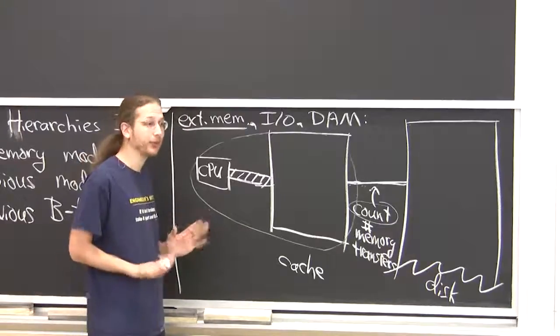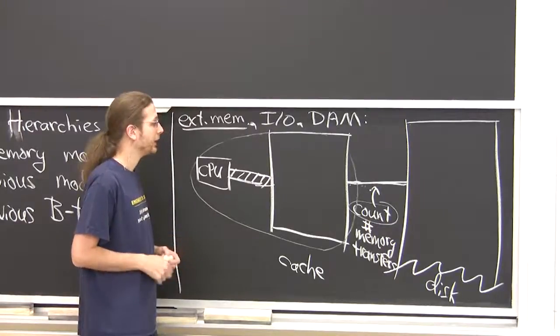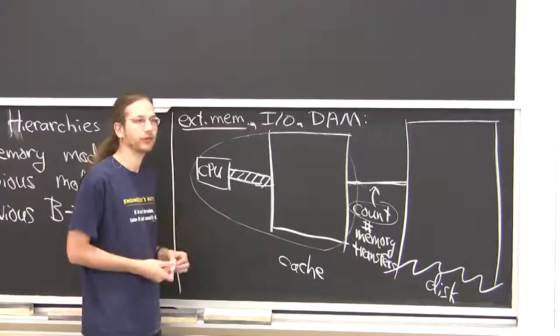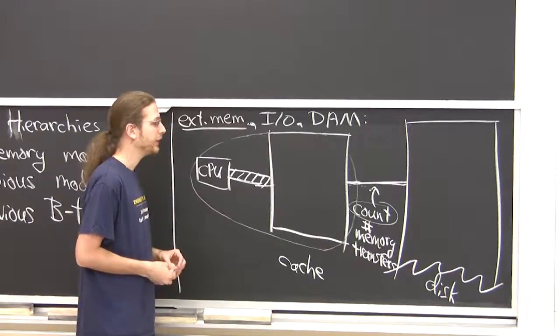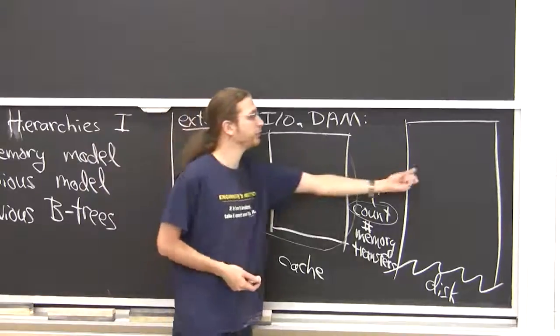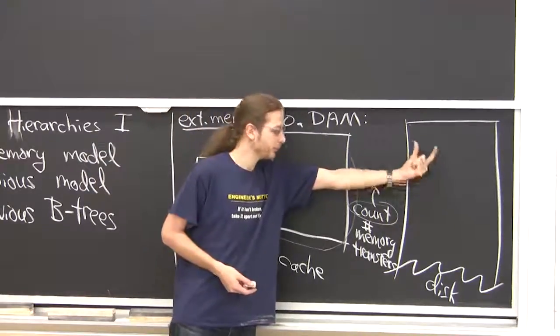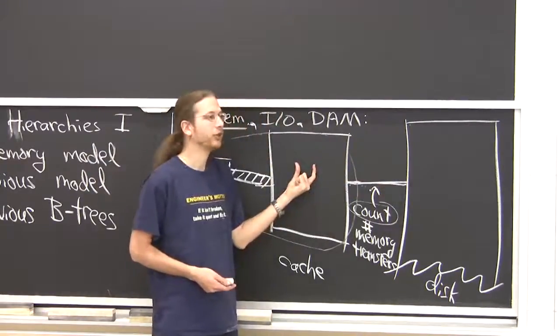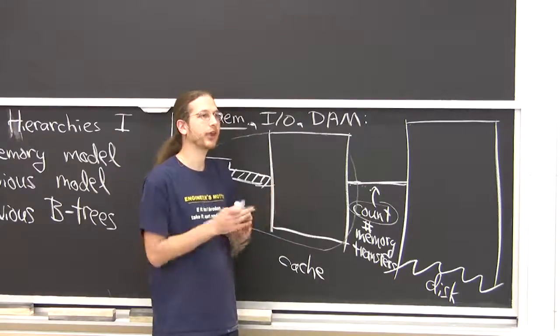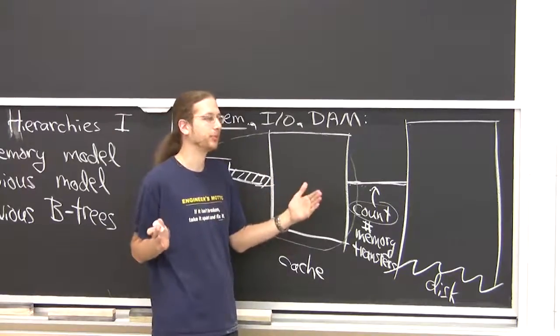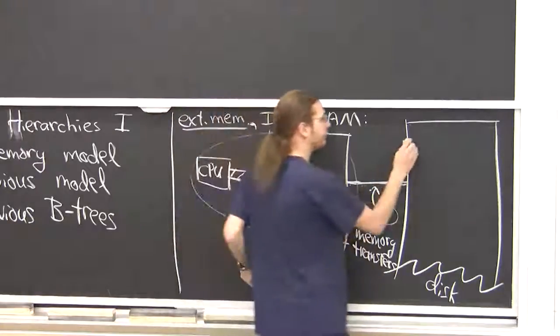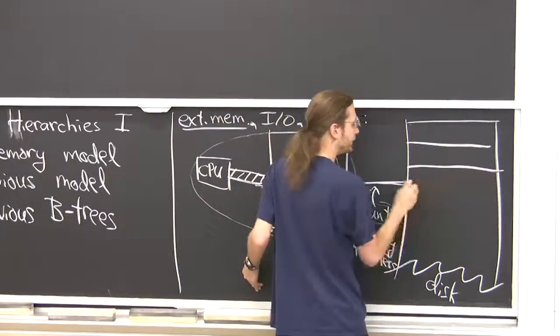Now, to make this problem really interesting, we need to add one more assumption, and this is also the case in practice, that when you transfer an item from disk to cache, you get not just that item, but an entire block of items at the same speed. So in fact, disk we're going to think of as divided into blocks.